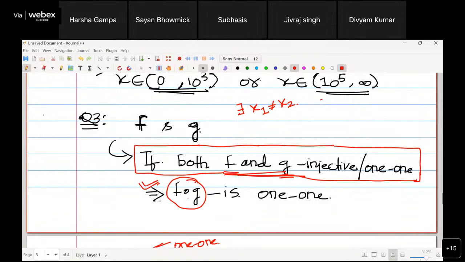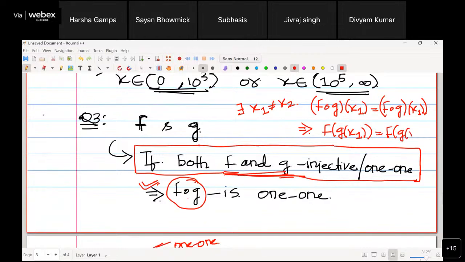That is, f of g of x1 is the same as f of g of x2. Right? Correct or not? Now from this thing you can go into two cases, right?